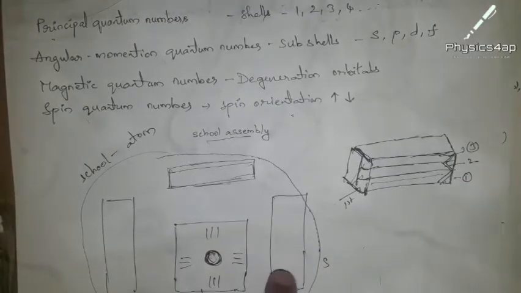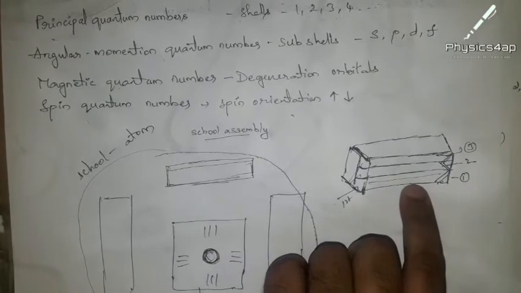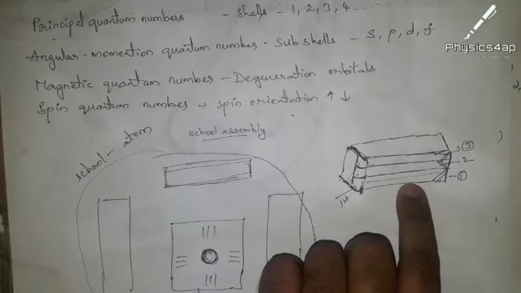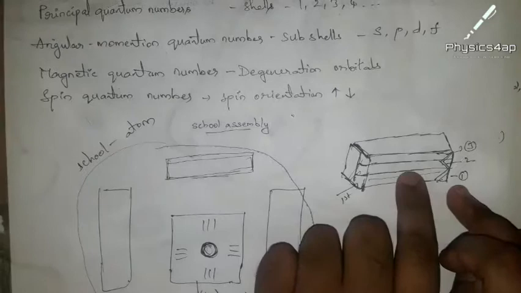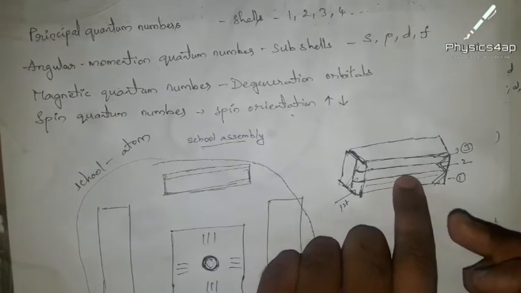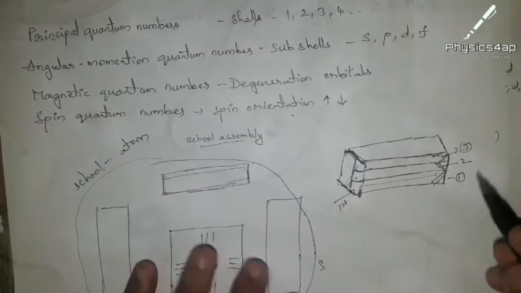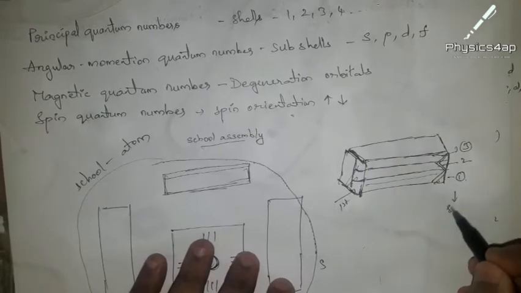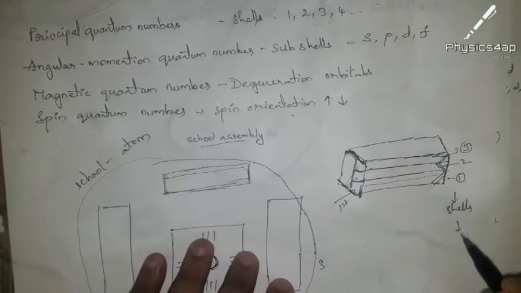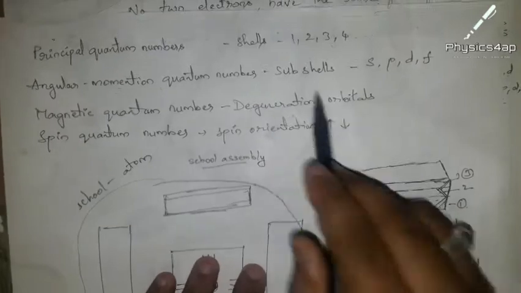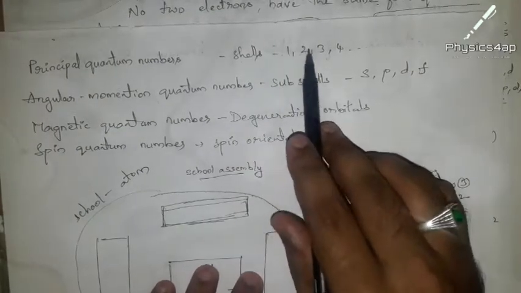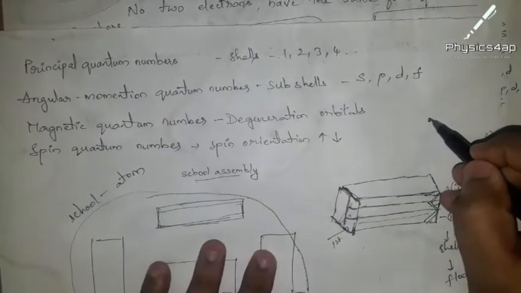Now the students are being arranged: the lower grade students on the first floor, after that the second floor, and next, a little bit higher, they move to the third floor. These are nothing but what we call the shells. These shells are nothing but the floors, what we call the principal quantum number: the first, second, third, fourth, like how we take it in a nucleus.